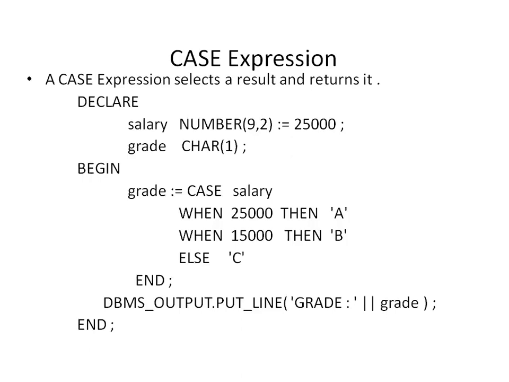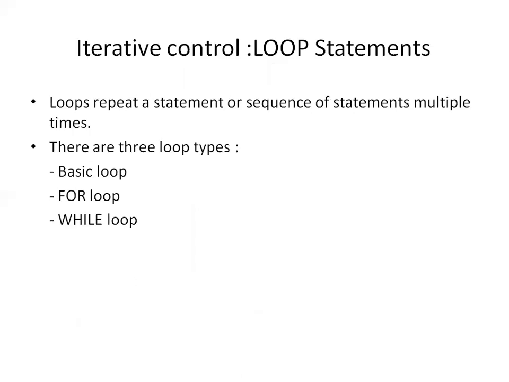Case evaluates direct comparison. Here, grade is equal to case salary: when salary is 25,000 it prints A, if it is 15,000 it prints B, else C. That's how case works.